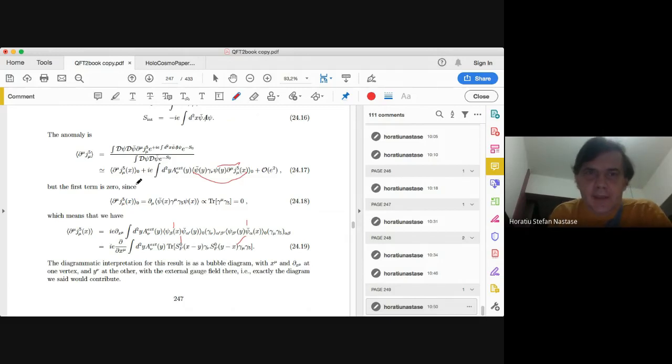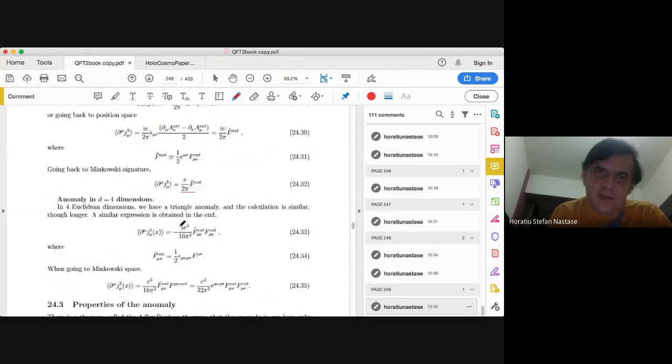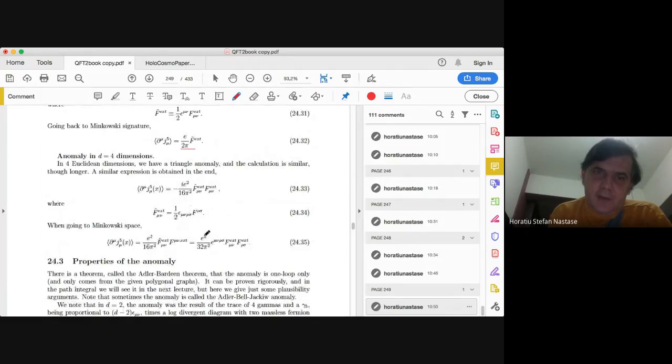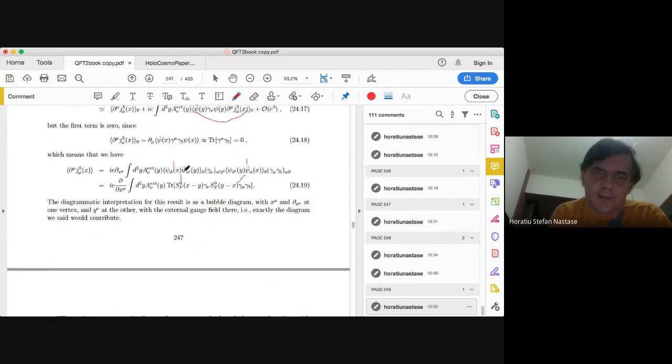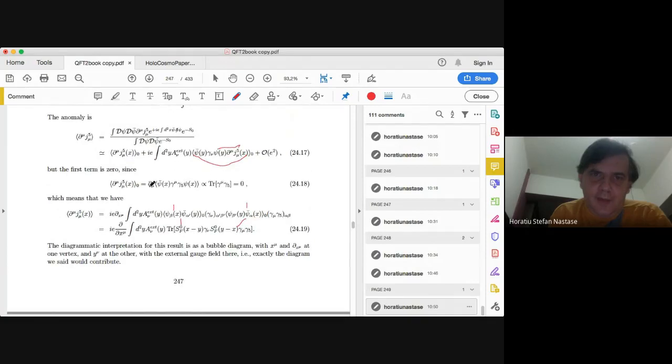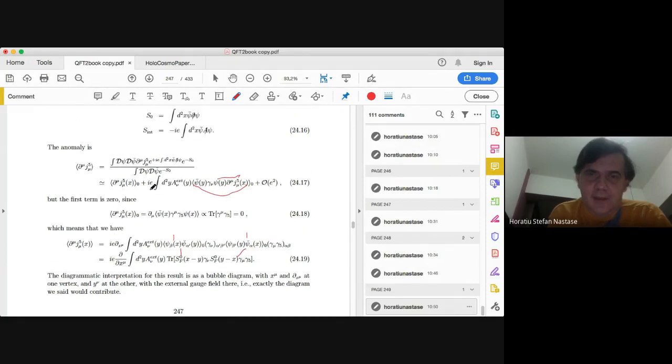We're expanding in E, right? But the final result has 2 external vertices. So there's E squared. So in here, I've calculated the term that was proportional to E. I ignore the term proportional to E squared.